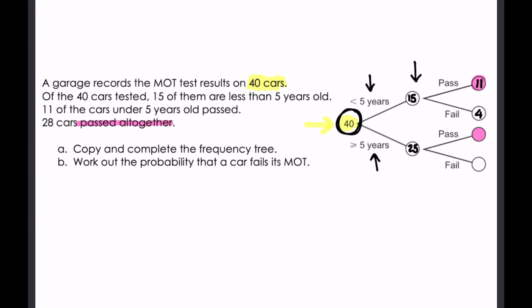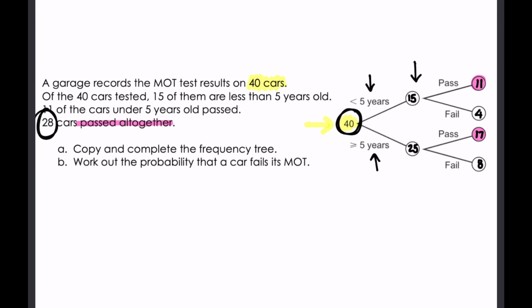So 11 were less than 5 years old and 28 passed altogether, which means that 28 minus 11 gives me 17 cars that were above 5 years old that passed. So now we can simply fill in the fail because we have 25 cars that were above 5 years old, 17 of them passed, which means that 8 of them failed.